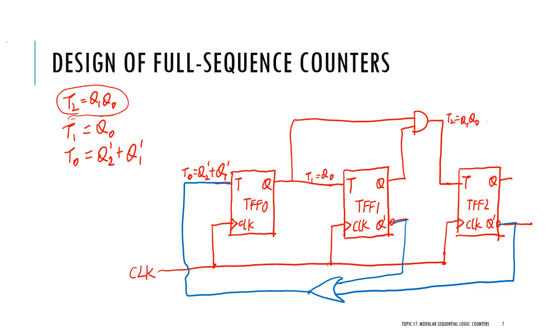So it will be determined by the output for TFF0 and the TFF1. Okay, and the T0 I use a different color. So T0 is determined by the complement output for TFF1 and TFF2. Okay, so that's basically the sequence, how you design simple 4 sequence counters.